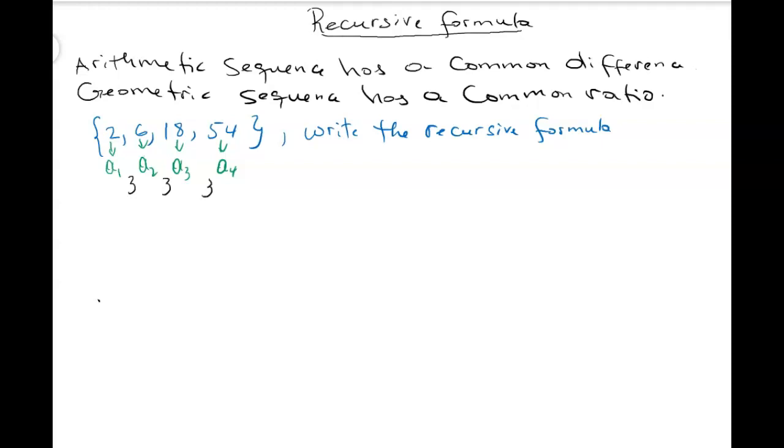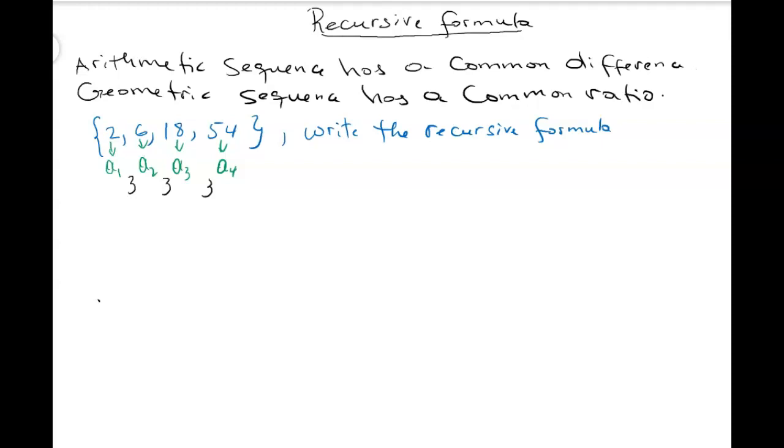So you can see the ratio for the first 2 consecutive numbers is the same as the ratio for the next 2 consecutive numbers, and is the same as the ratio for the third 2 consecutive numbers.